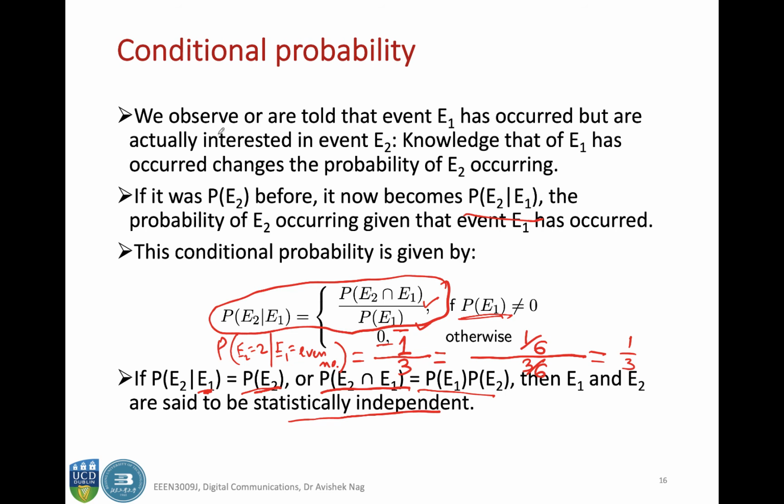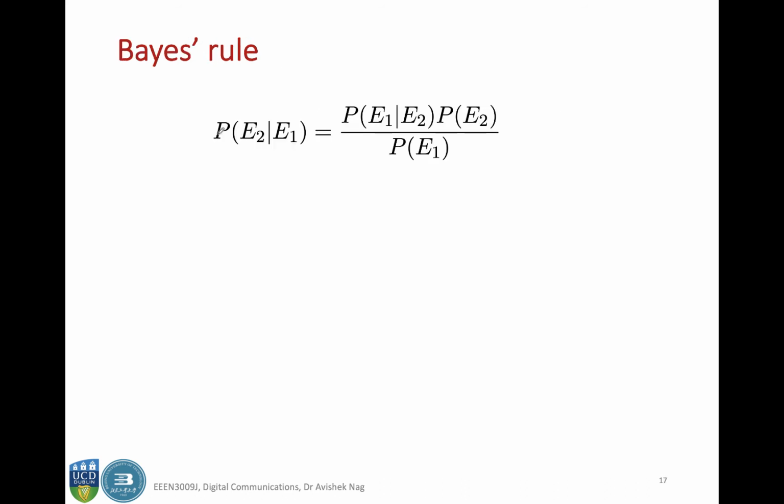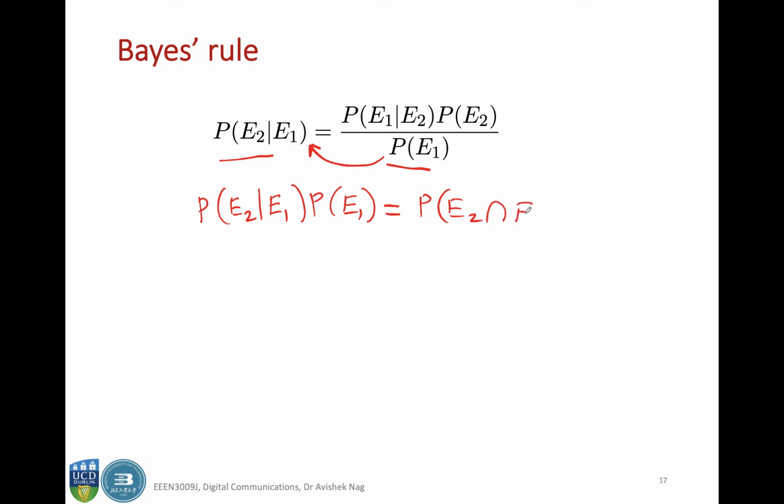Probability of E2 given E1 times probability of E1 is actually probability of E2 intersection E1.